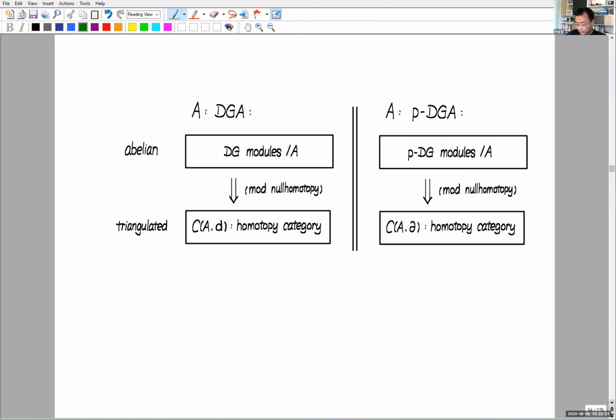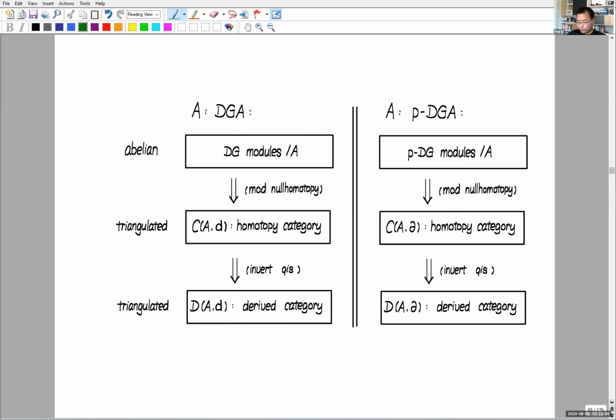And we have also explained the notion of derived category, taking cohomology, where you forget the A-module structure on both sides and pass to the stable category of H. That's a forgetful functor. So inverting the kernels of the forgetful functor, inverting quasi-isomorphisms, you get the triangulated category of the so-called derived category.